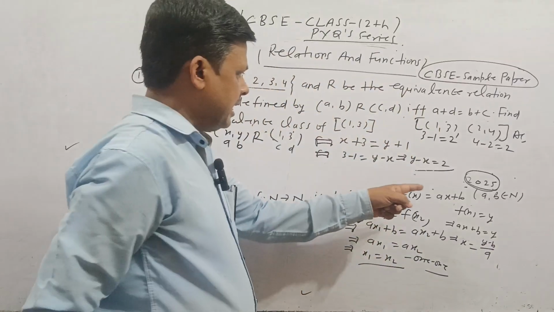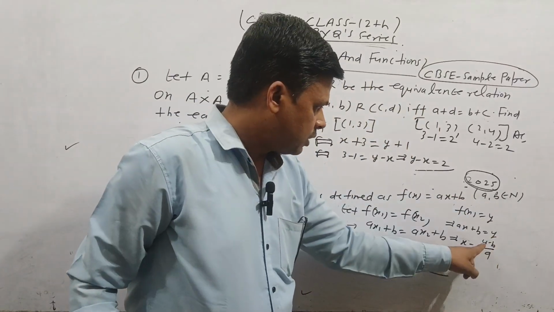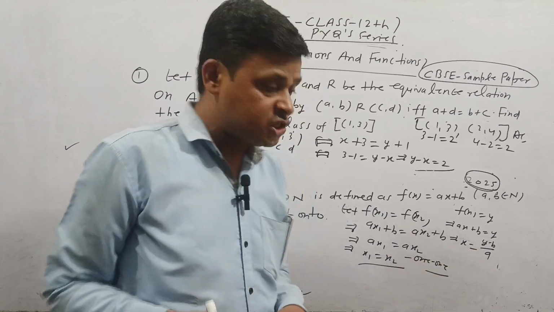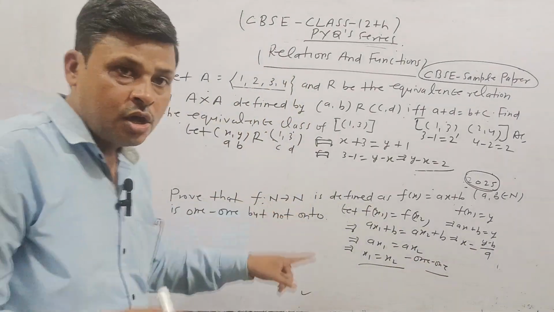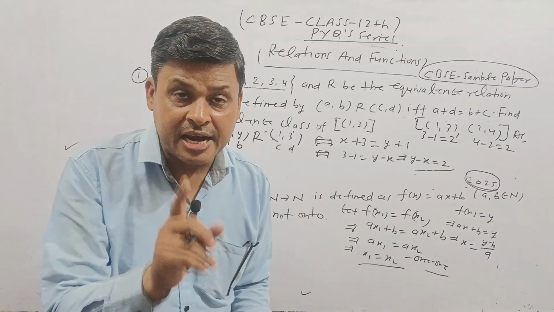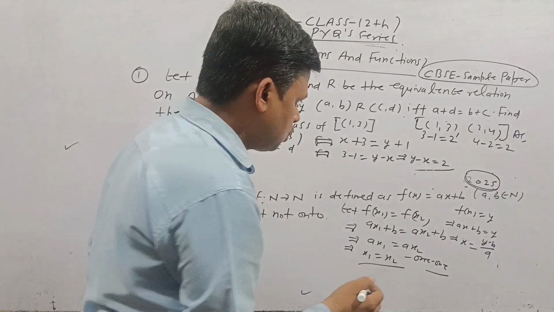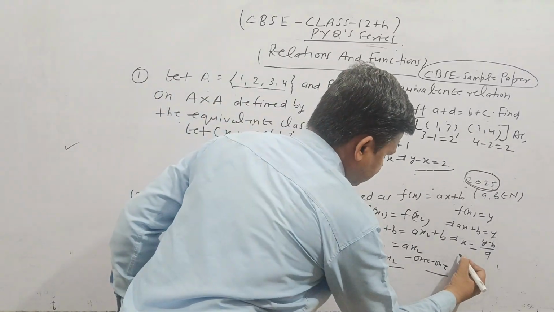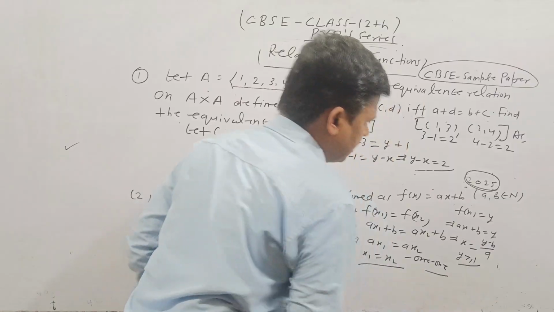Here a and b are both natural numbers, and y and x are also natural numbers, because the domain and codomain are both the set of natural numbers, and natural numbers start from 1. So we can say that y is always greater than or equal to 1.